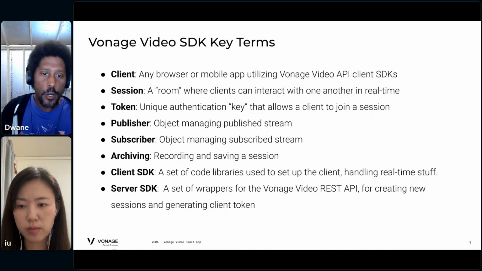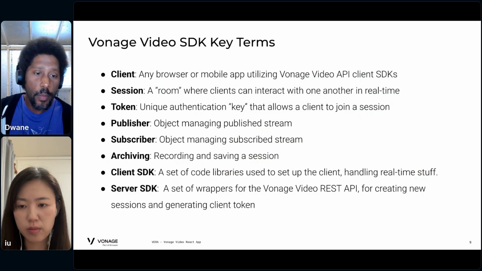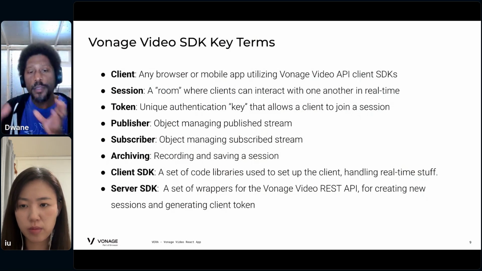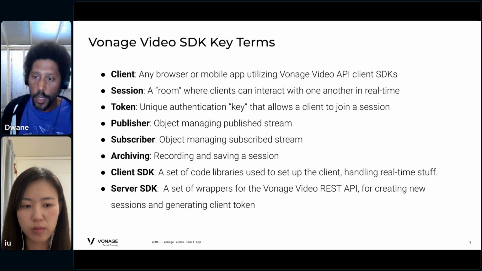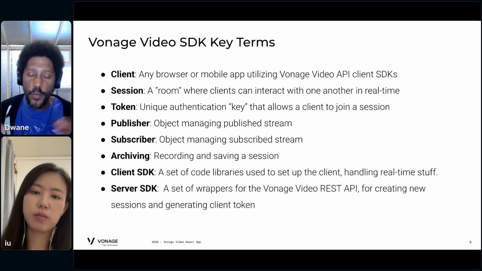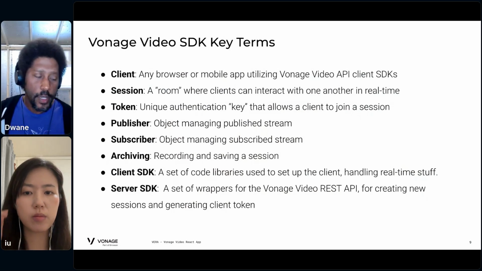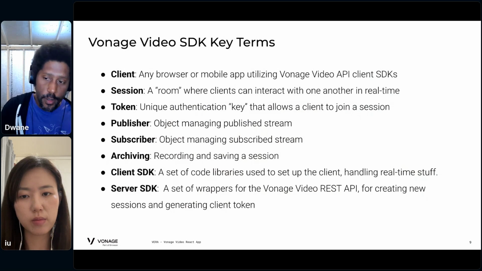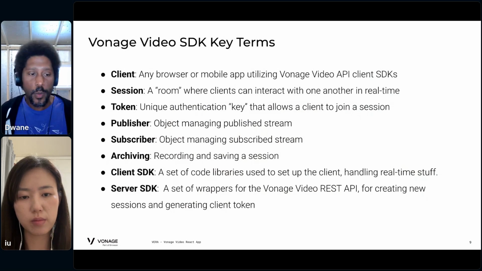It could be a browser, mobile app, or whatever else is coming in the future with all these AI glasses and things, who knows? But it's anything that is connecting to the actual session. And a session is a room where the different clients can interact with each other in real time. Now, a token is your key into that room or session.